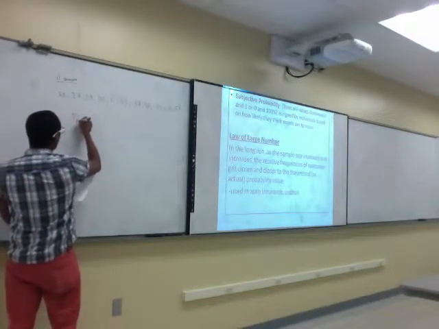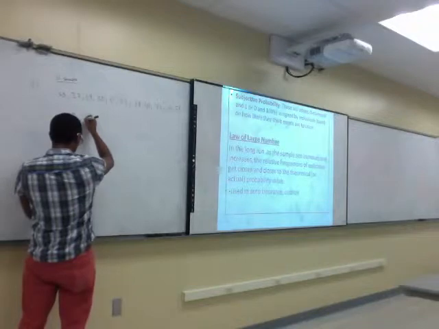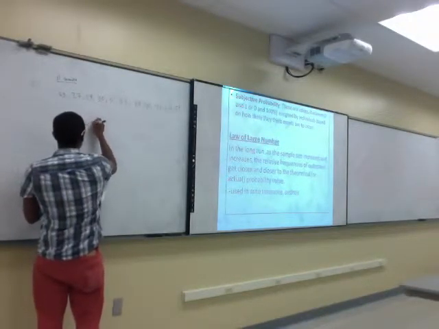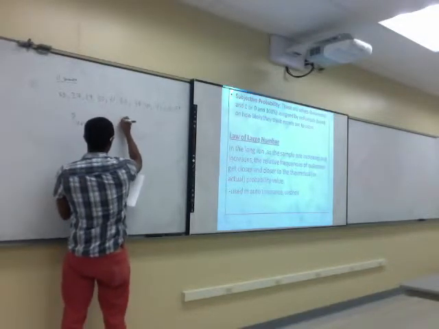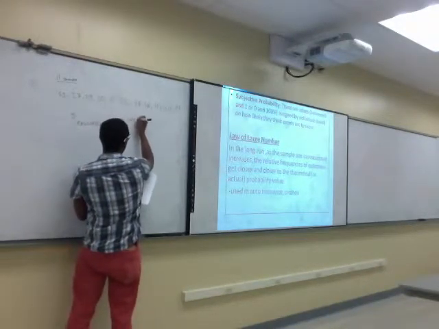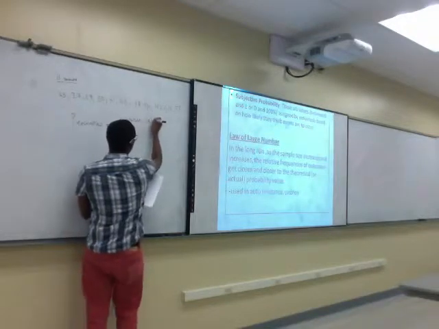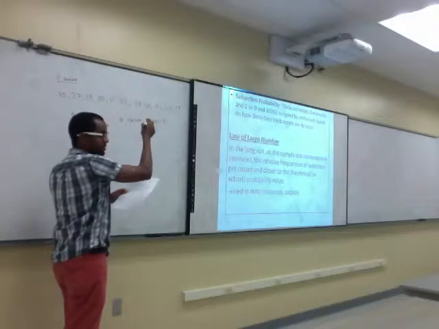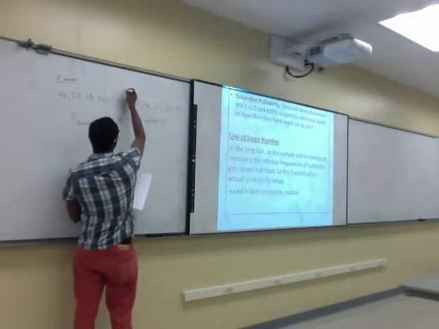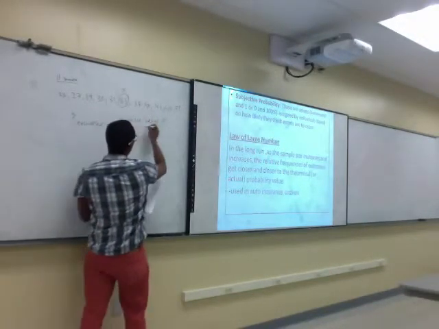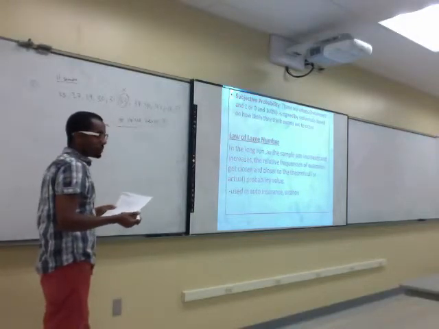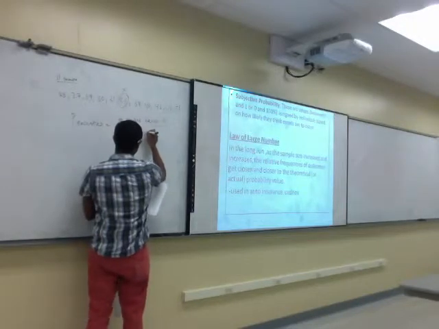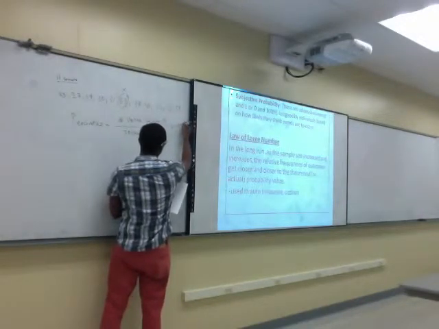So percentile, from what we talked about, is the number of values below x, right? X is 33, so this is the x I'm interested in. Anything below that, divided by the total number of clients I have, times 100%.